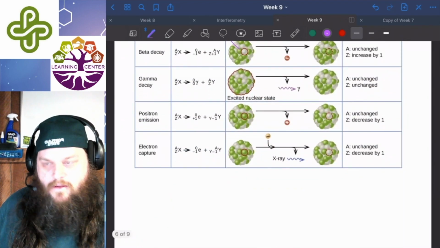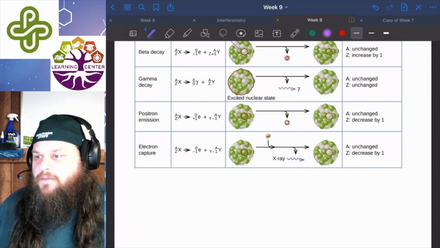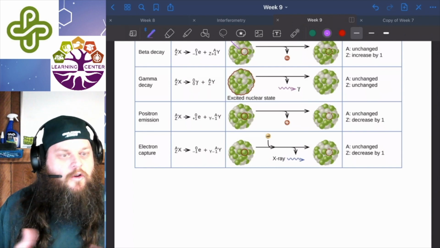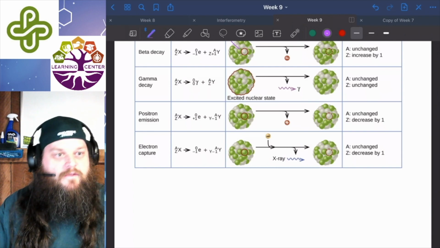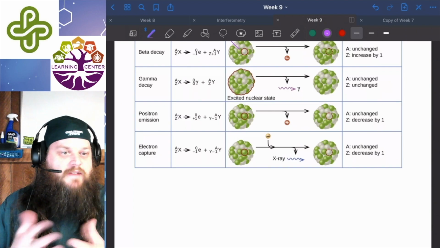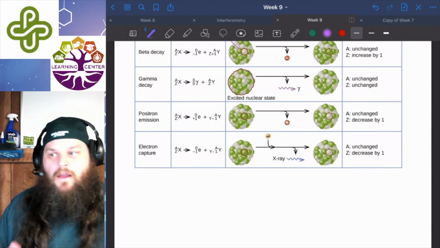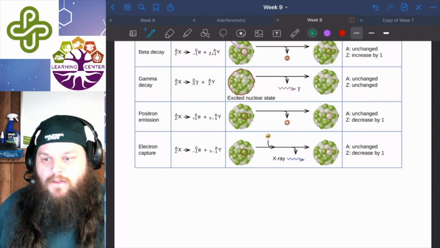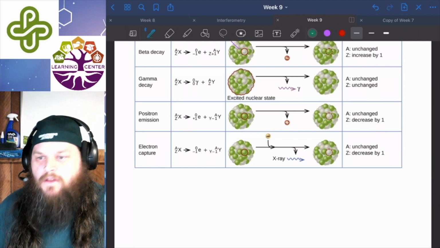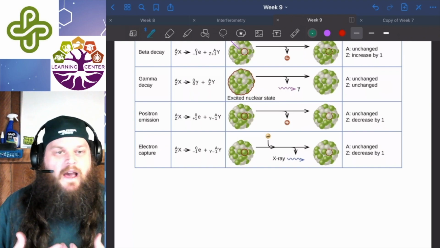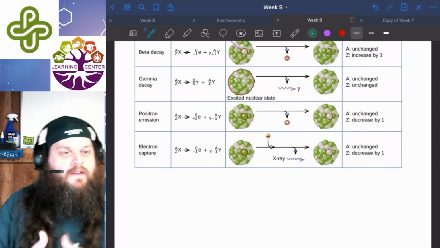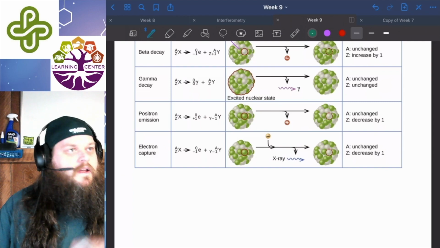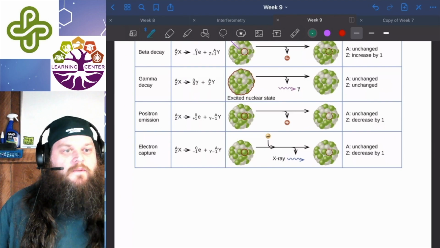Looking at some of the examples that we have here, we can use this idea of the rate of decay to determine how long it will take for something to decay or how much of this atom is going to be left after a certain time. And we call that using the half-life idea. You've dealt with half-lives a little bit before. It's the time it takes for it to decay to its halfway point.